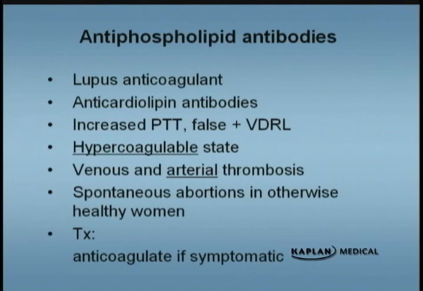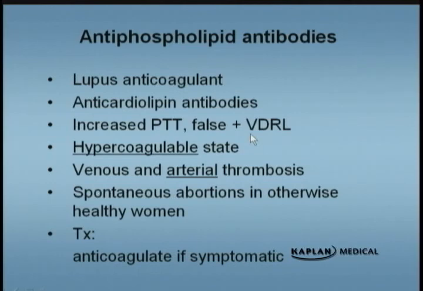Because some of these patients have a false positive VDRL or RPR, so they have antibodies to cardiolipin. So just based on these two things that I just talked to you about, these patients will have an increased PTT and a false positive VDRL or RPR.